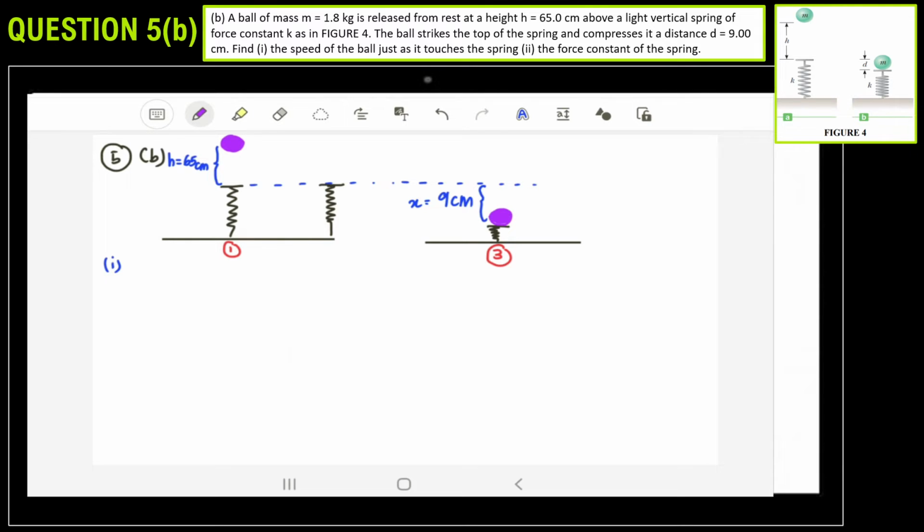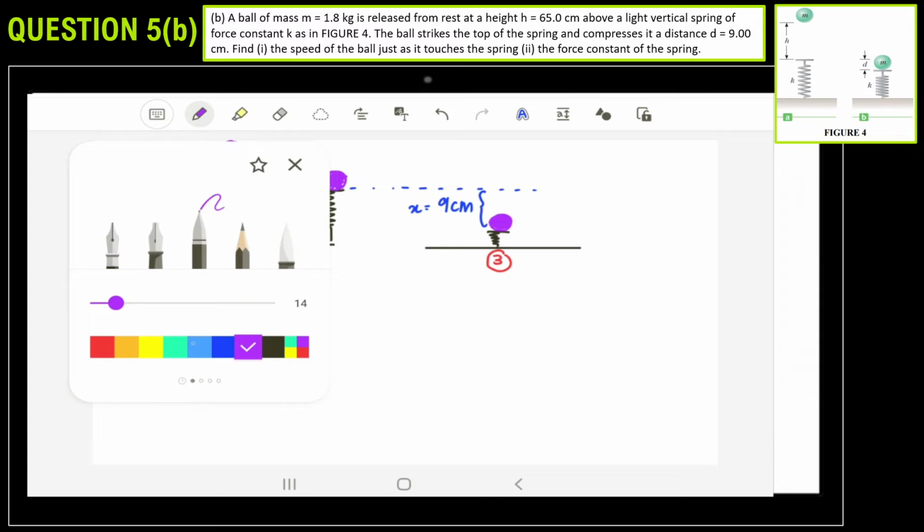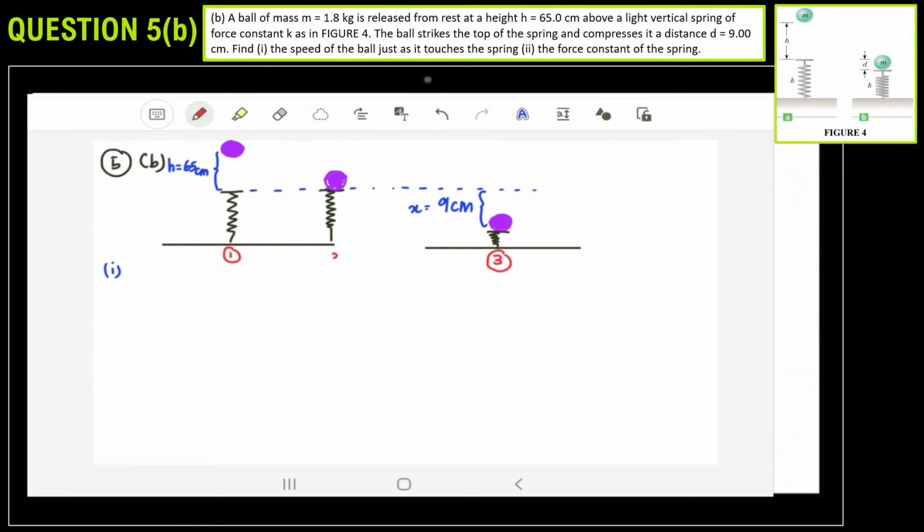Dia hanya touch dulu spring tersebut. You bayangkan in a slow motion. So here I will put as second condition.